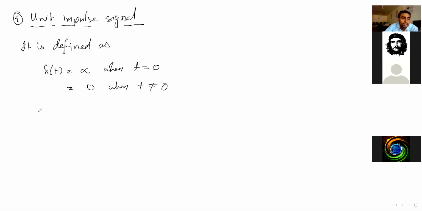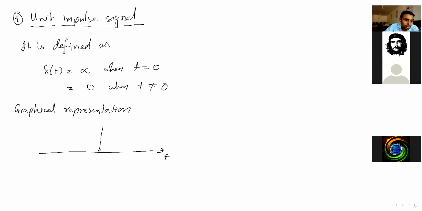Okay. So graphical representation also we should know, and graphical representation will give us the visualization concept. If this is the time axis, and the y axis will be this.